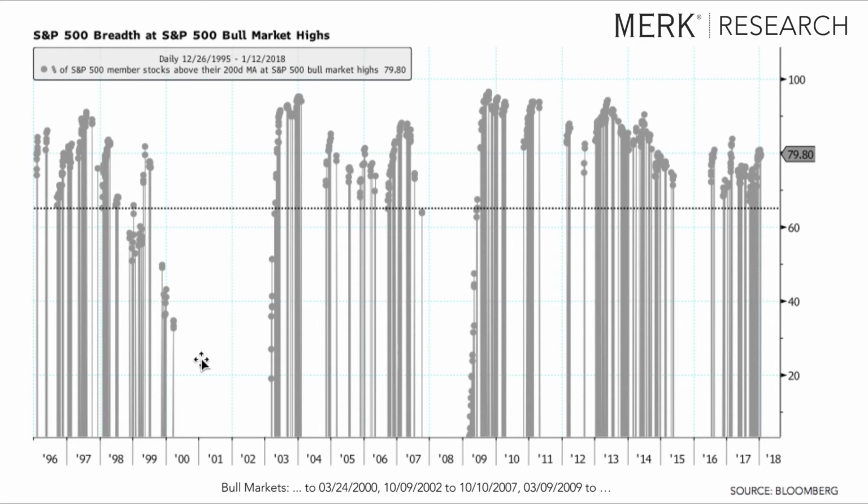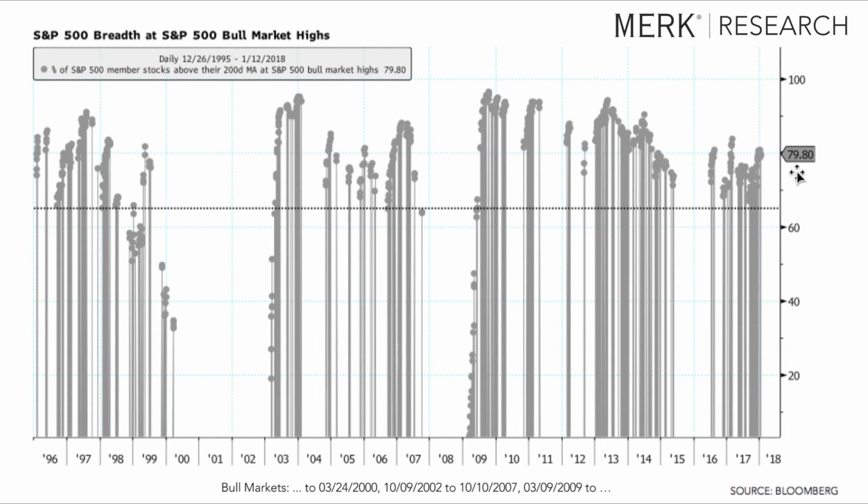And what the chart shows is, when the S&P 500 is making a new bull market high, what percentage of the 500 member stocks are above their respective 200-day price moving averages? When the index makes a new high, you want to see a high degree of participation in order to be confident in that bull market continuing.